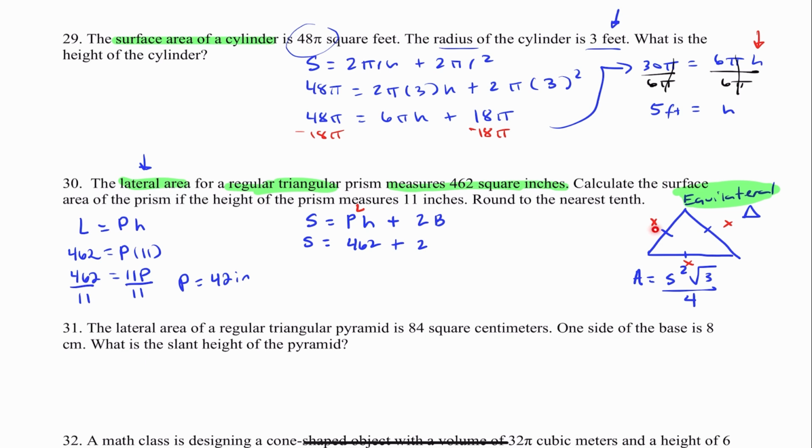So I have x plus x plus x equals 42, and that's going to give me 3x equals 42. So what is that going to give me? x equals 14.